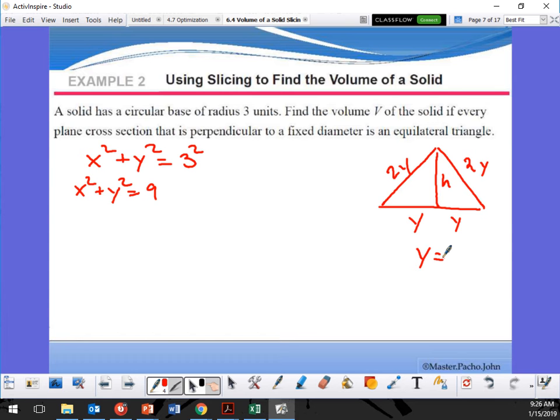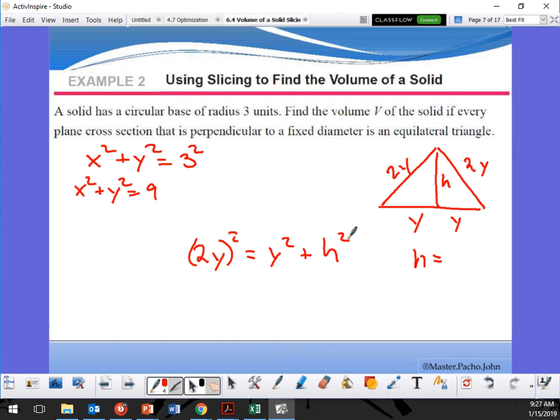So we're trying to find h. What would h be? If it's going to be 2y, then 2y squared equals y squared plus h squared, right? I want to find out what my h is supposed to be.